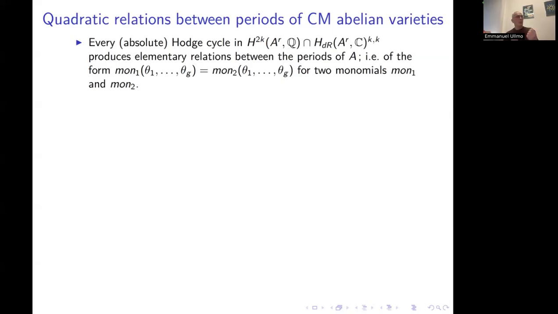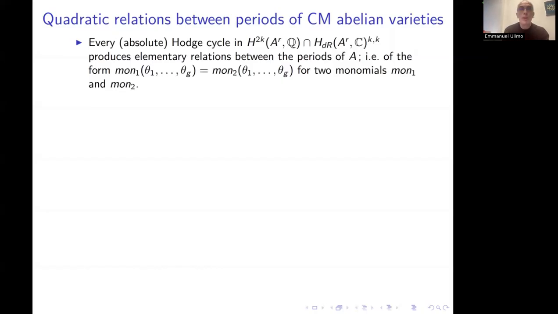If a Hodge structure is the action of the Deligne torus on a vector space, you can construct a smaller algebraic group defined over Q such that this morphism factors through this group. You have to know that associated to any Q Hodge structure you have such a Mumford-Tate group. And for CM abelian varieties, this Mumford-Tate group is a torus.